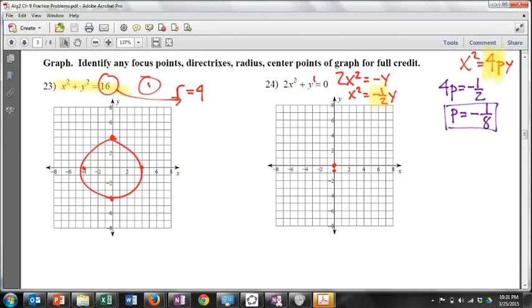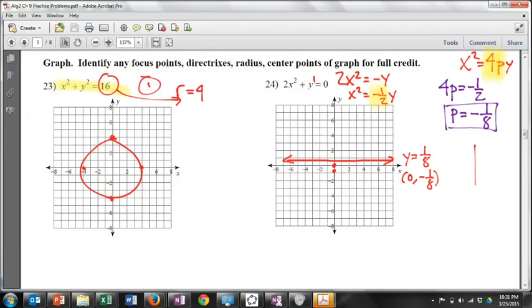The focus point is actually at 0 comma negative 1/8. It's actually hard to plot that out. The directrix is at y is equal to 1/8, and that's also kind of hard to plot out since it's so very close to the origin. But I'll just kind of estimate. I'll draw it out just like that.